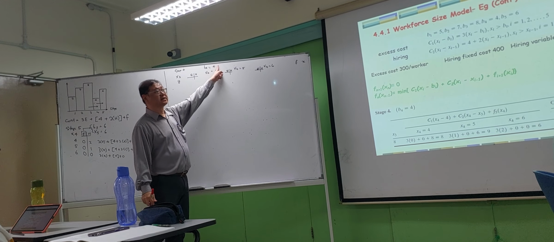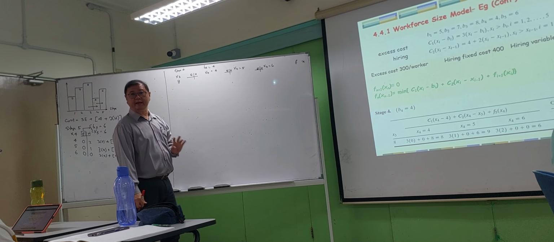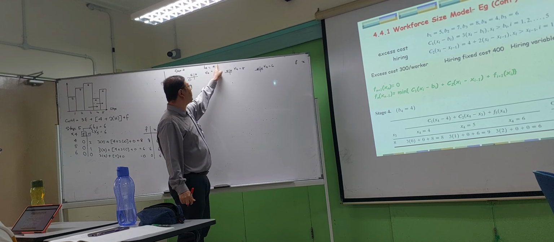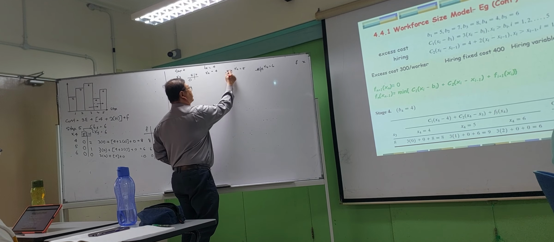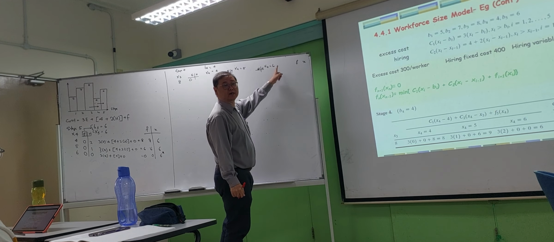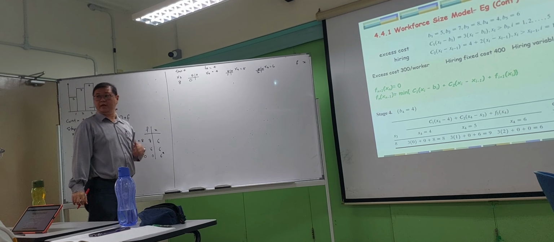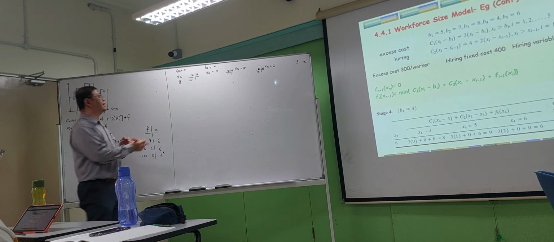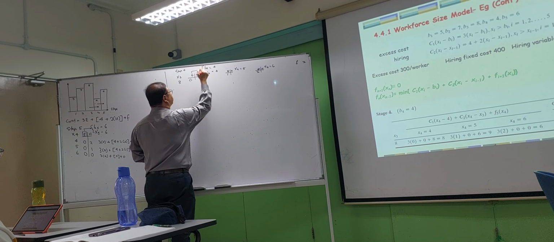You compare this and this. You need 4, you have 4 workers. Any extra? No extra. You need 4 persons, but you keep 5 workers. You have 1 extra worker here. You need 4 workers, but you have 6 workers. You have 2 extra workers. Again, this value depends on the object.